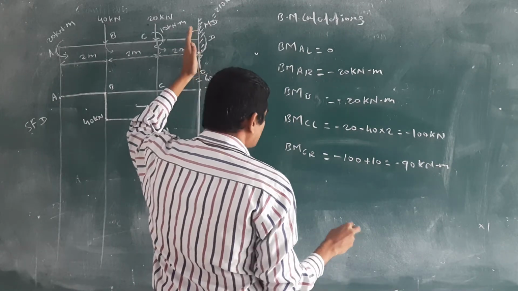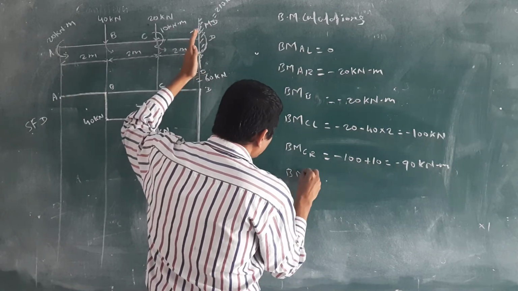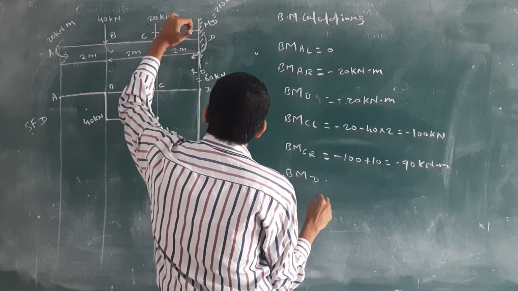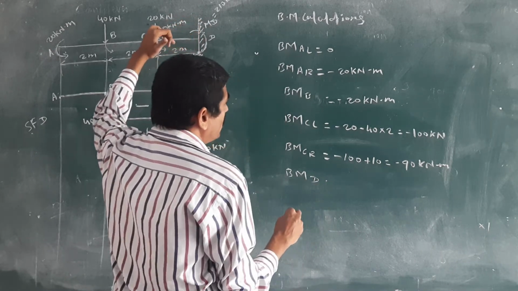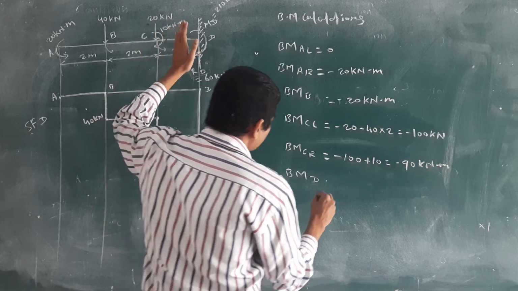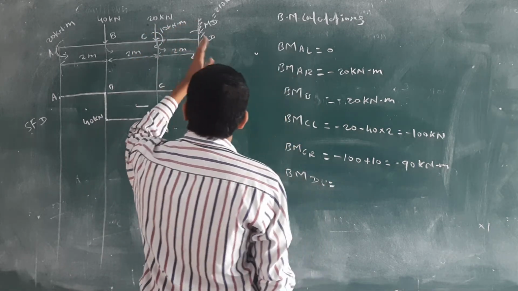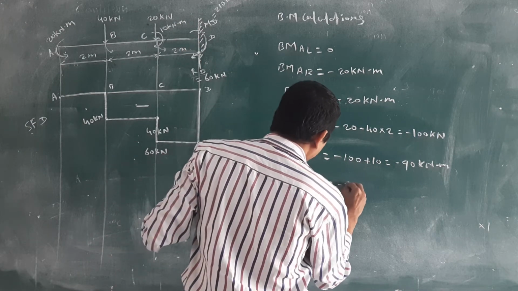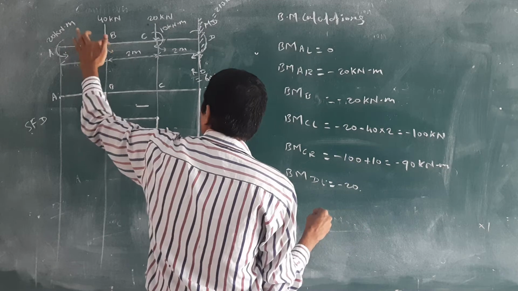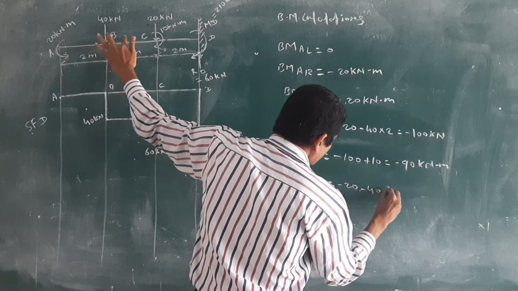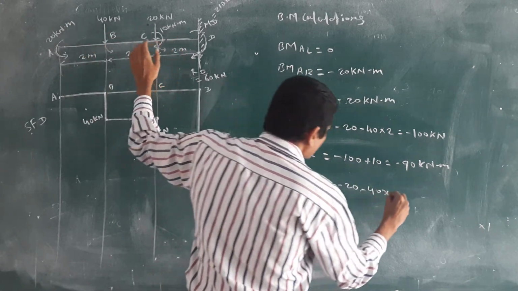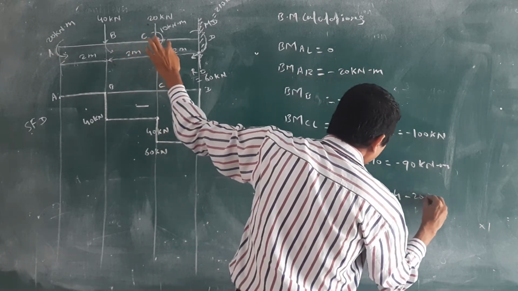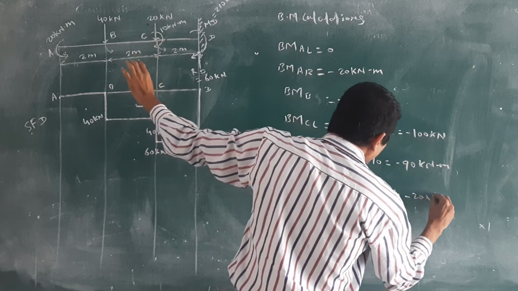And last point, bending moment at D point. Again here is one moment, right, at the point D. Check just left side and just right side. Just left side we consider up to this. Then you will get minus 20. Then again this minus 40 into distance up to D, 4 meter. Then minus 20 into distance up to D, 2 meter.